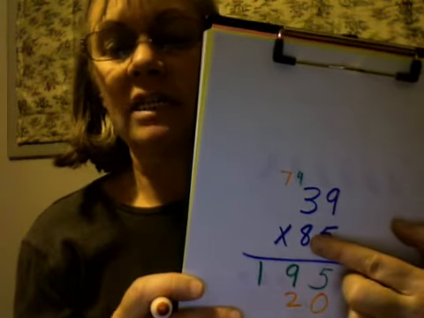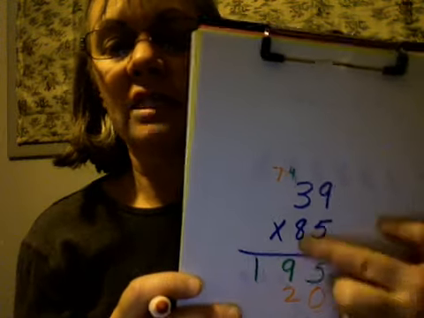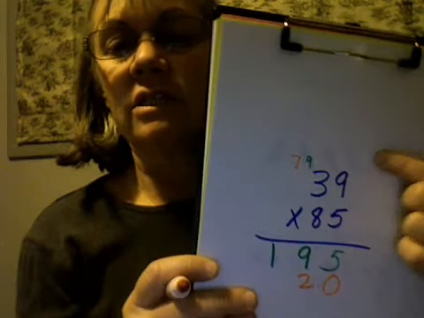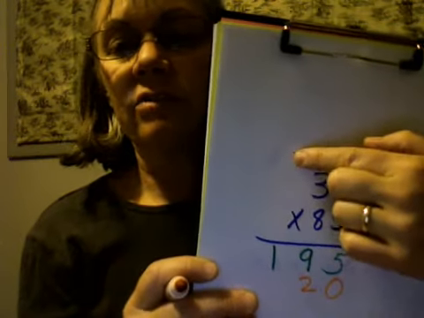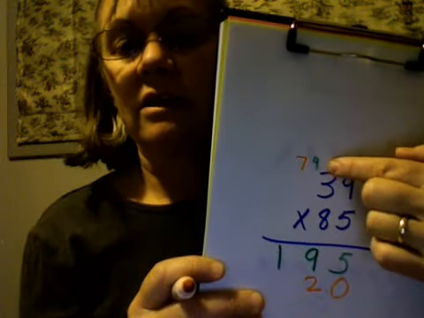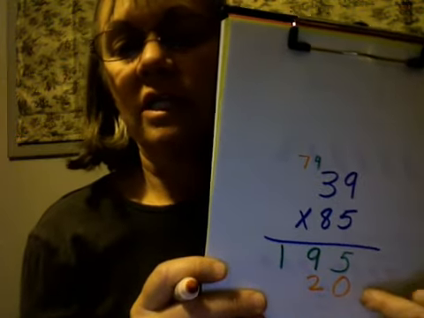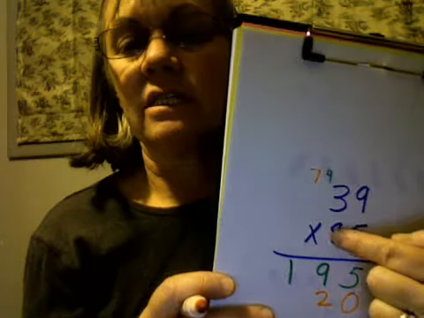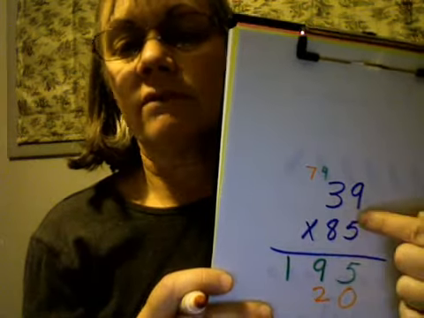But if it's in the tens column, 80 groups of 9 is 720. And I've written it like this. The 700 is regrouped over here with the tens, and the 20 is here under the ones where we've multiplied with the 80 groups of 9.